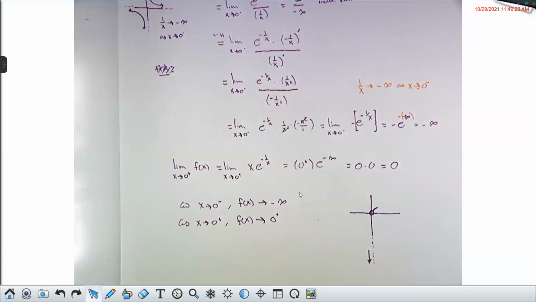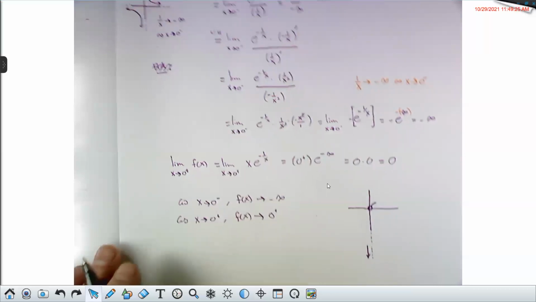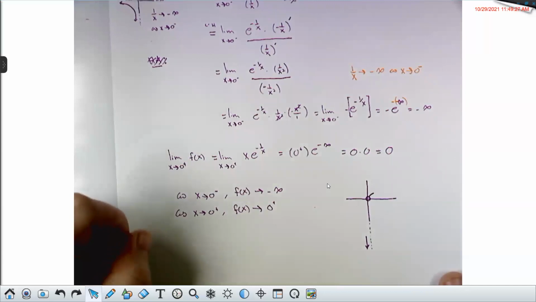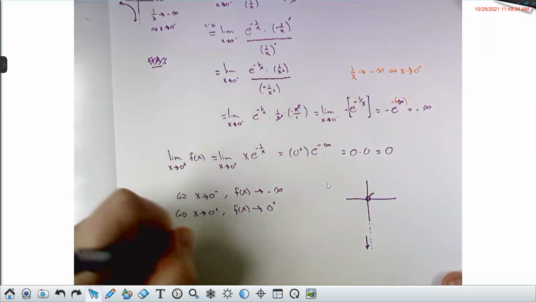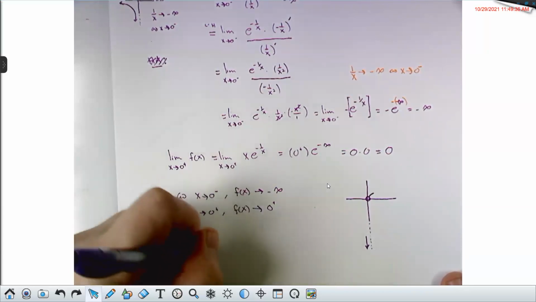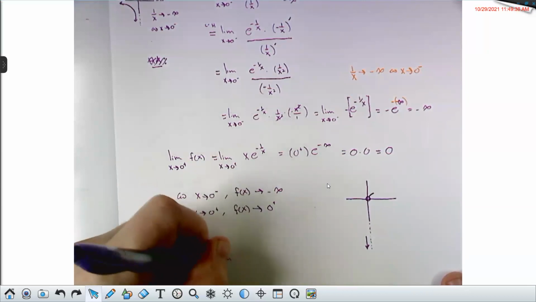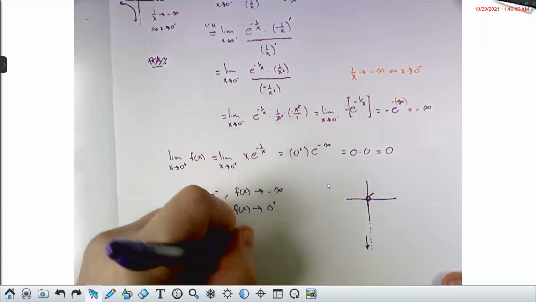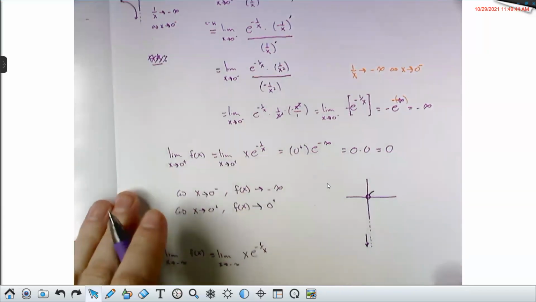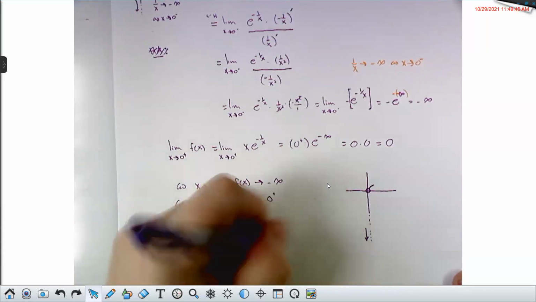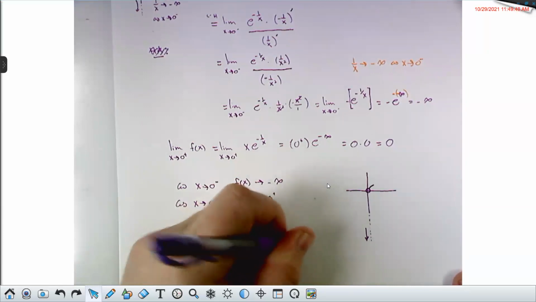The other place we'd maybe use L'Hopital's rule here is with horizontal asymptotes. So if I take a peek at the limit as x goes to negative infinity of f of x, let's see what that is. That's the limit as x goes to negative infinity of x e to the negative 1 over x. This x piece is definitely going to negative infinity.